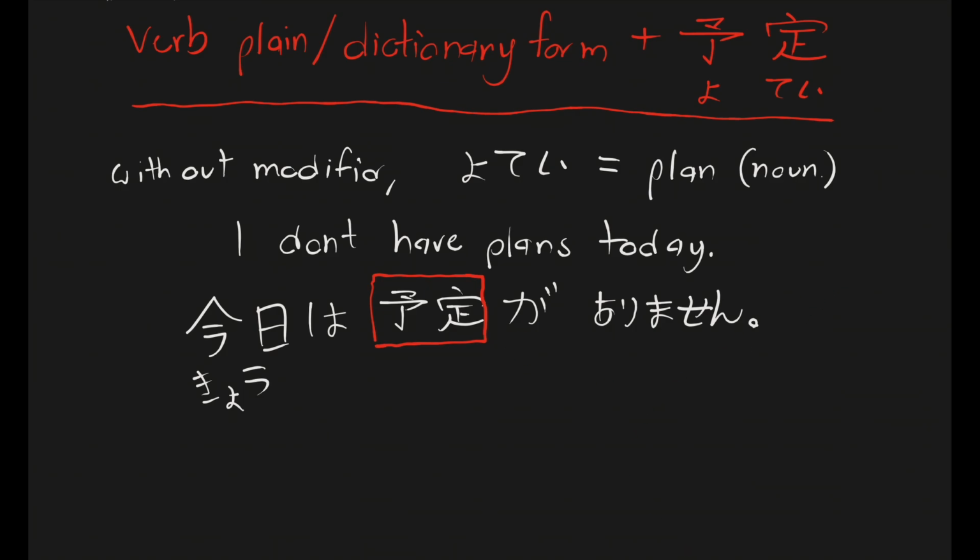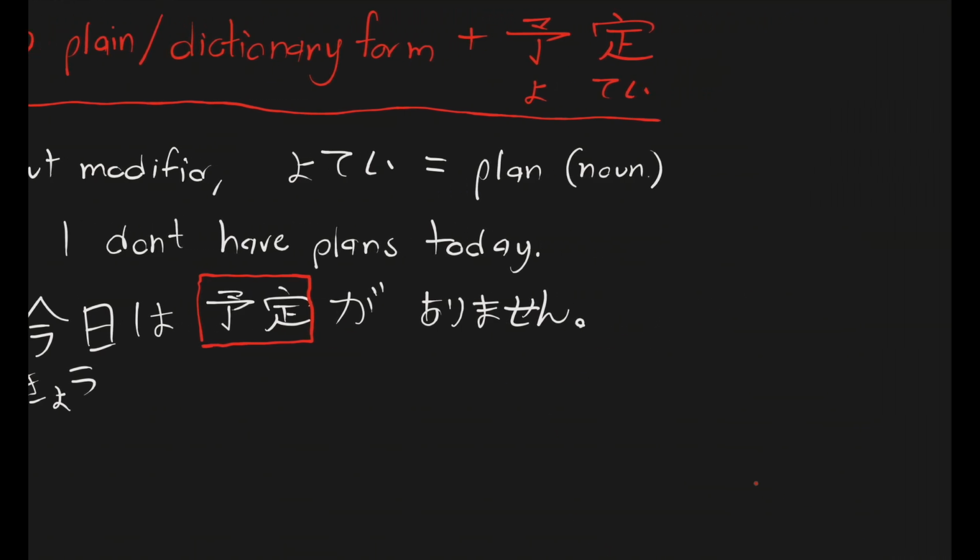Let's go over a little bit more detail about using yote as a form of giving an intention to do something. There's a couple rules with it, or kind of steps. You can say it's both. So first, yote follows the plain present form of a verb, as it did in the previous ones.